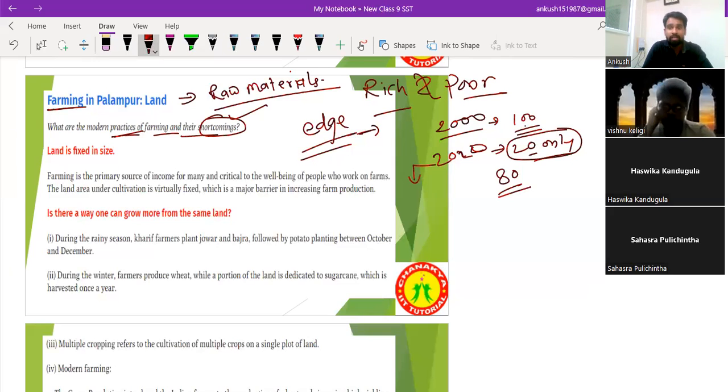Now out of these 100, 80 people are jobless. So what has increased? Efficiency. And unemployment has increased, isn't it?